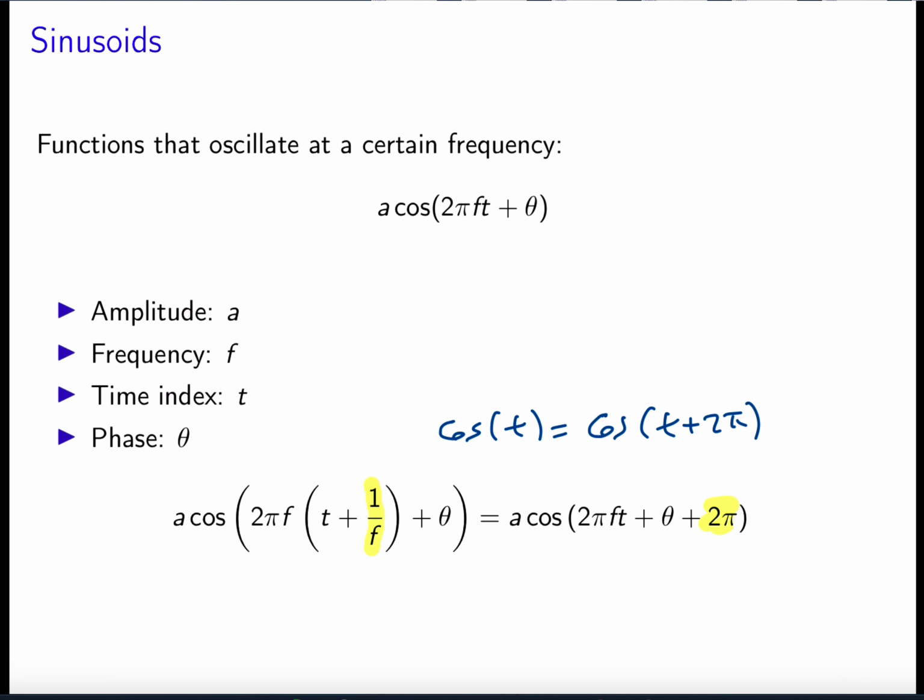So because of this, when we shift the function here by 1 over f, the value does not change. So the function is periodic with period 1 over f.